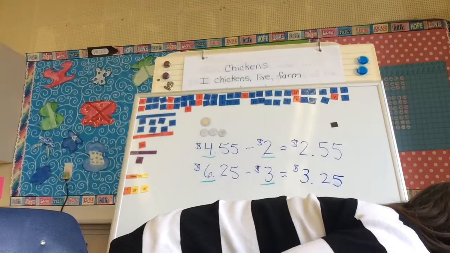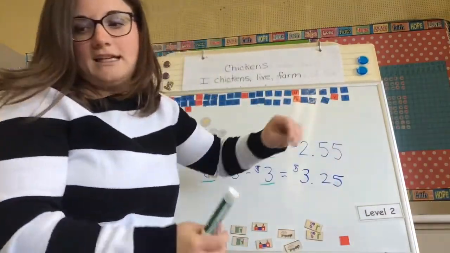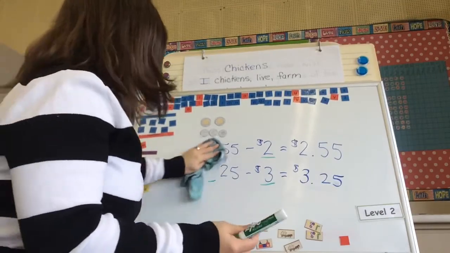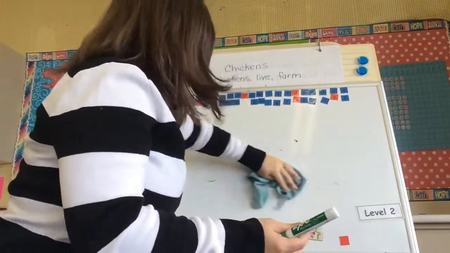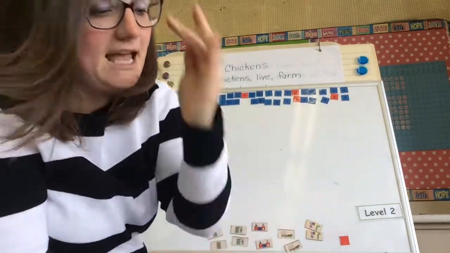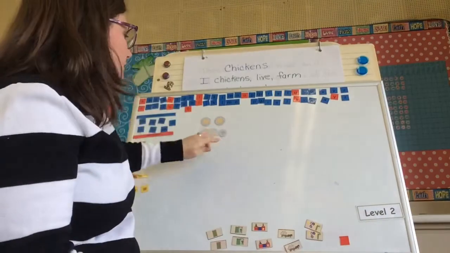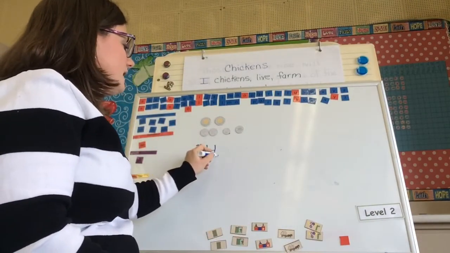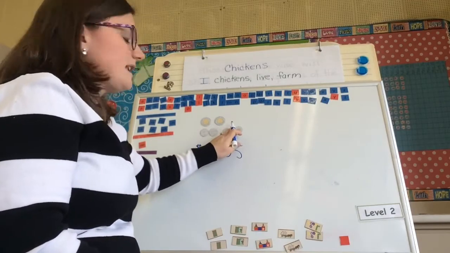Okay? Now, let's go back to my $4 here. So I'm going to have my $4 instead of 55 cents. I'm going to add a dime, which is going to give me 65. So I'm going to have $4.65.